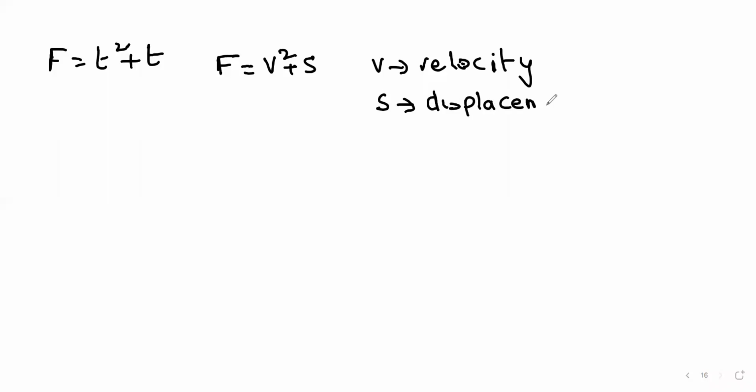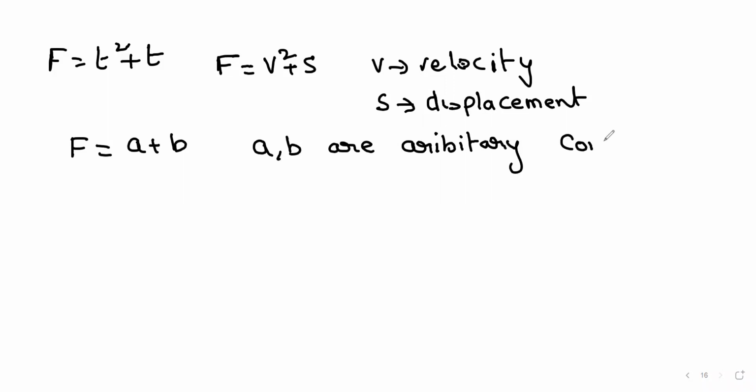So F is equal to v square plus s, where v is velocity and s is displacement. Is it constant or variable? Variable. Now in questions you might come across F is equal to a plus b, and they'll say a, b are arbitrary constants.